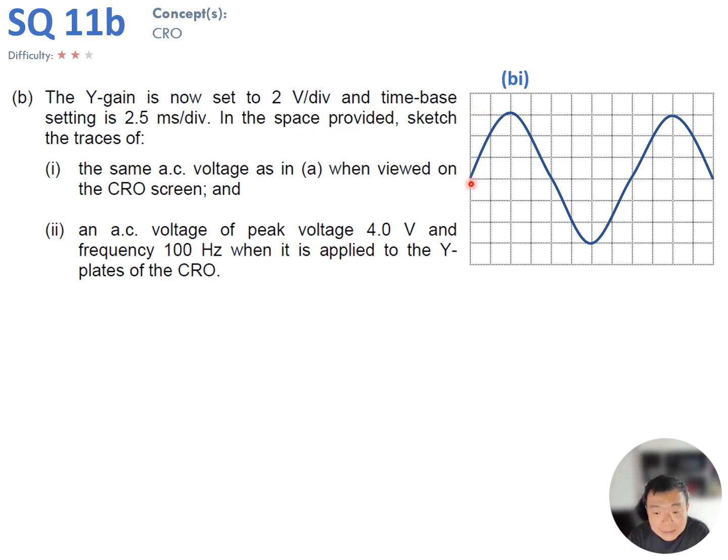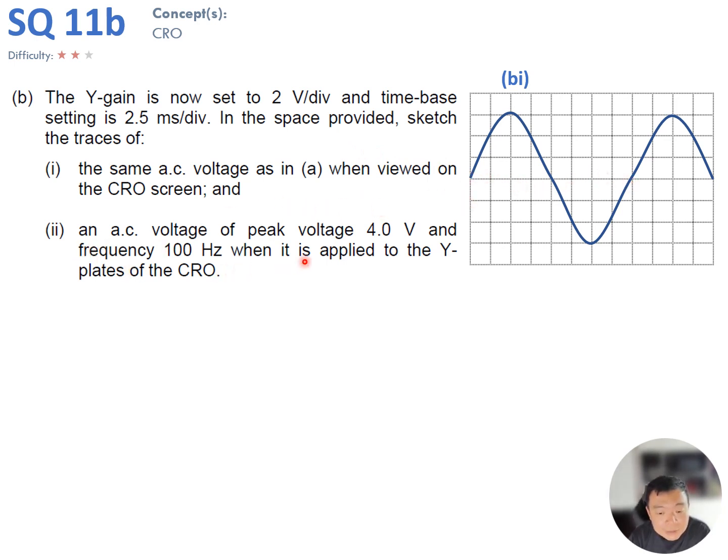And one cycle now takes 1, 2, 3, 4, and another 4, 8 divisions horizontally on the time base. So 8 divisions with each division representing 2.5 milliseconds gets us 20 milliseconds. That's how you can get back the same period as before.